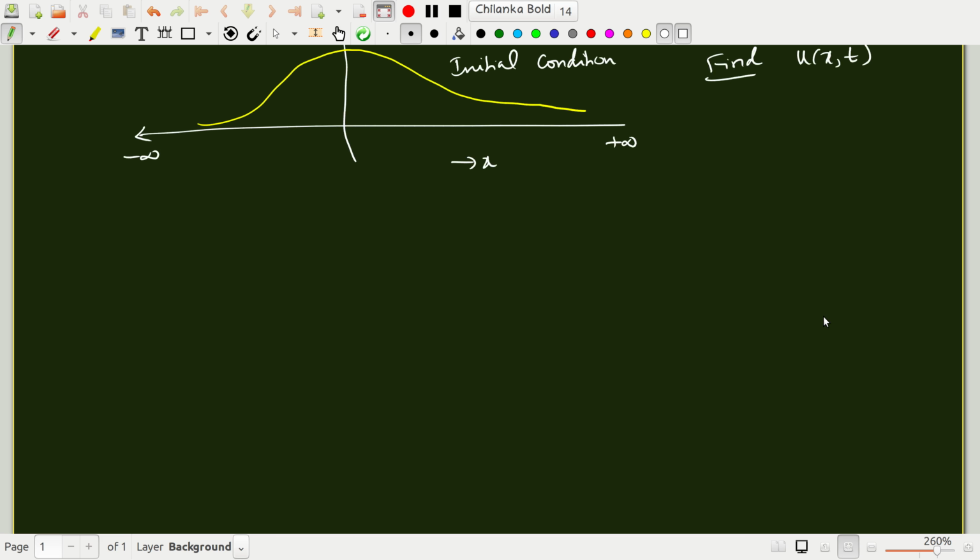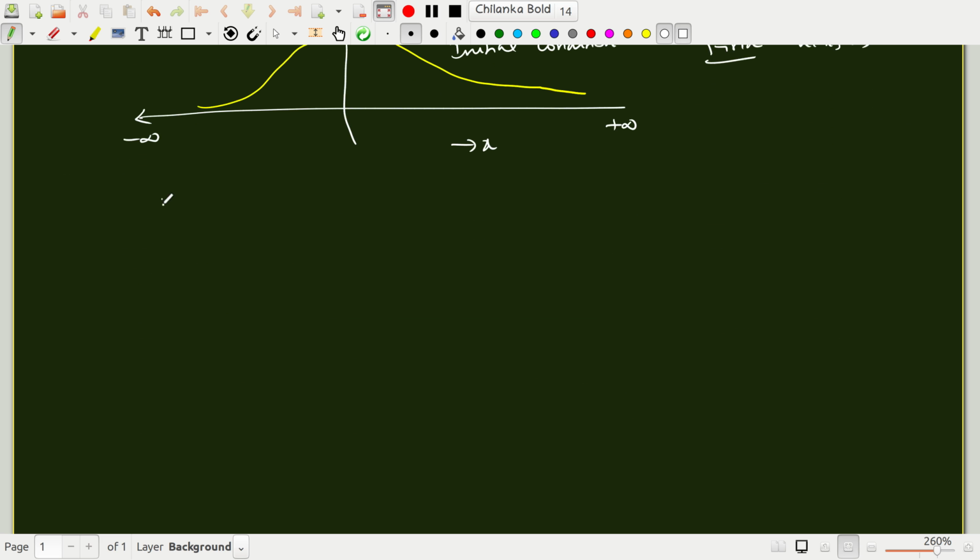Now of course we have to specify boundary conditions, and the boundary conditions are such that u of x tends to 0 as x tends to plus infinity, and as x tends to minus infinity. These are the boundary conditions.